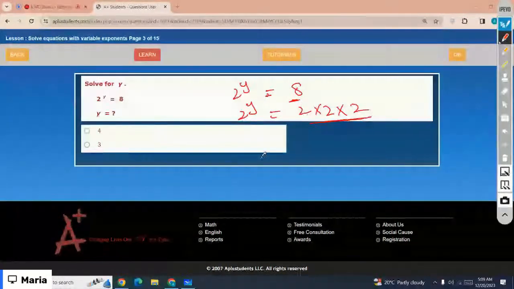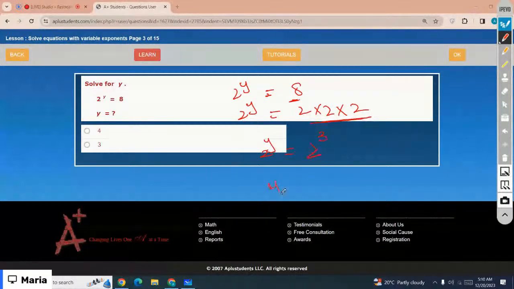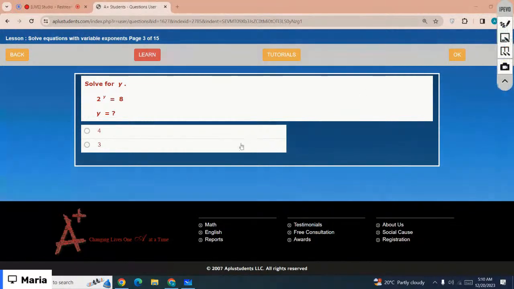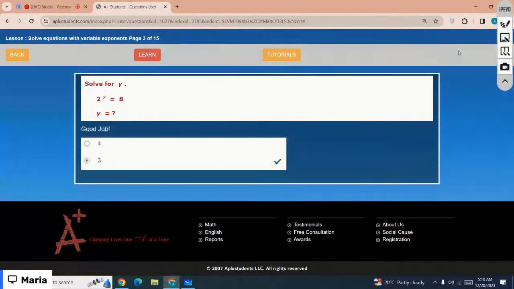So you can write this as 2 exponent 3. So their bases are same. That means their exponent is also same. That would be y equals 3. The correct option is y equals 3, right?